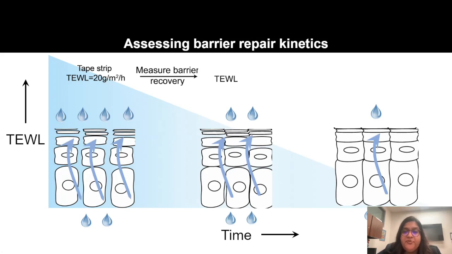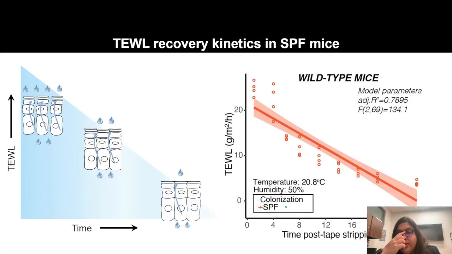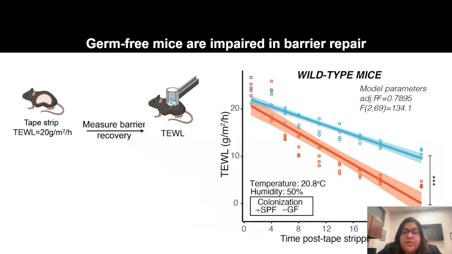But with time, as the barrier repairs, we should see a decrease in water loss, indicating repair of the skin barrier. For the most part, this works really well in SPF mice: when we perform a tape strip, at time zero we see an increased water loss, whereas over 24 hours, as we continue to measure the TEWL function, we see that the barrier repairs itself and the TEWL levels improve. When we look at germ-free mice, we find that they are slower to recover.